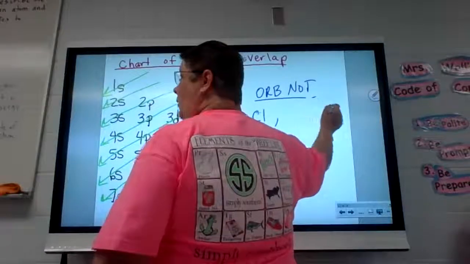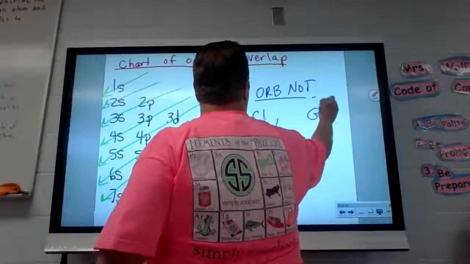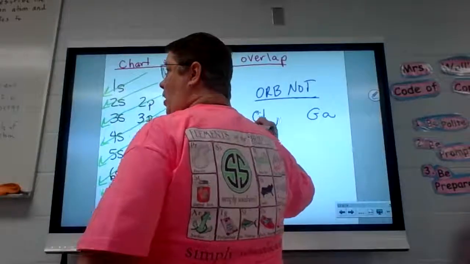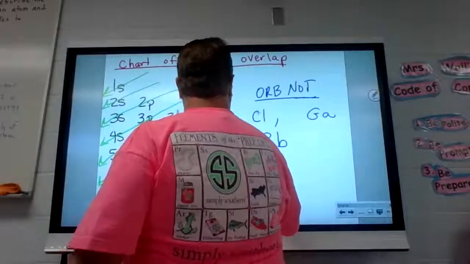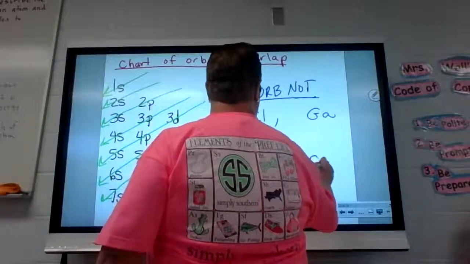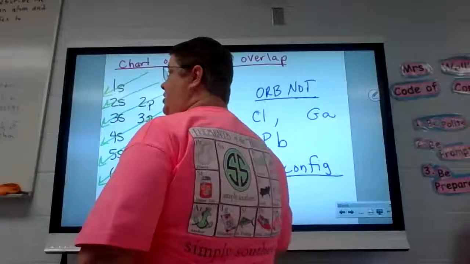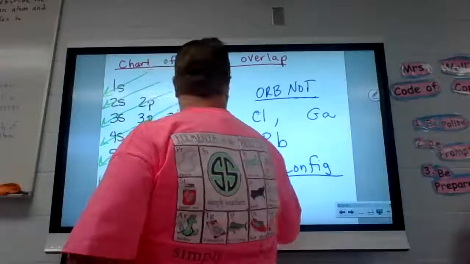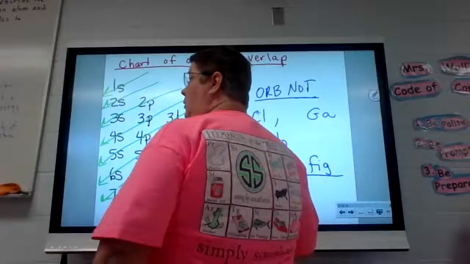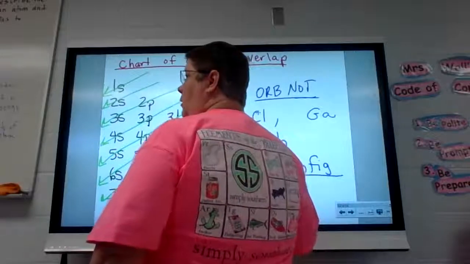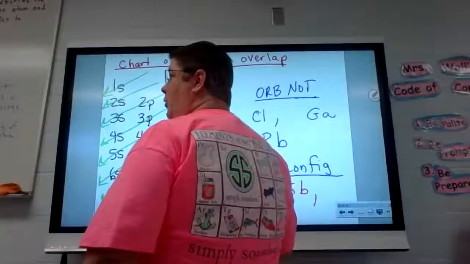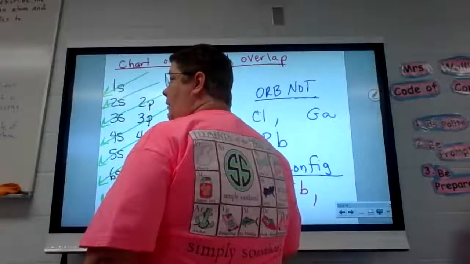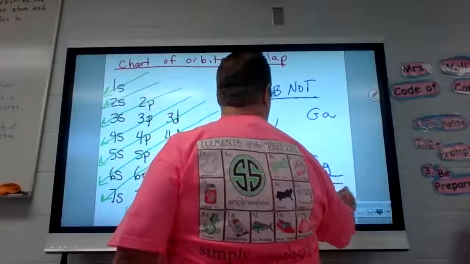Let's do gallium, chlorine, and lead. Electron configurations: let's do potassium, antimony, and iodine.